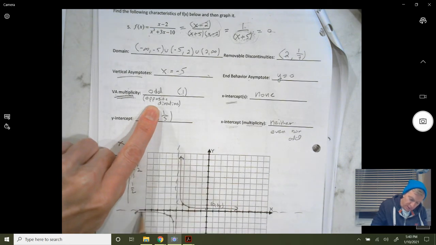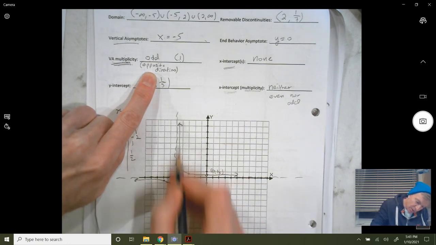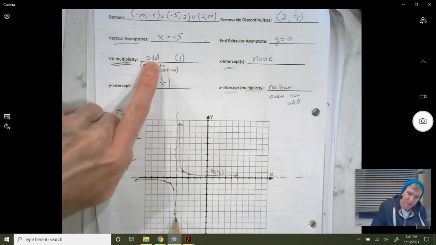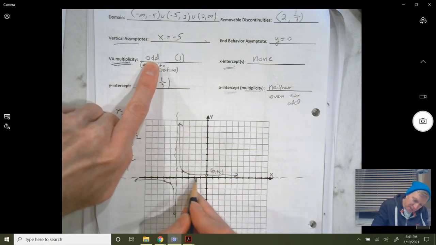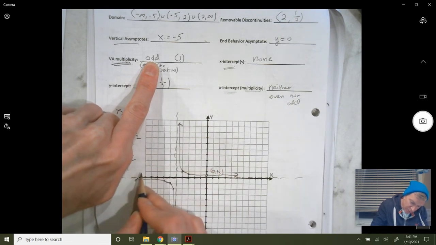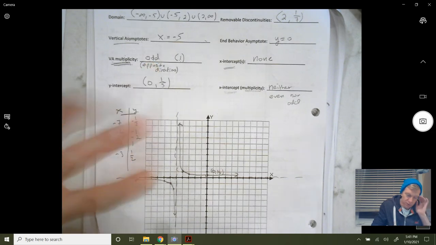If we're approaching that asymptote from the left, our graph is going off to -infinity. Okay, they're going in opposite directions, from the right up, from the left down. If the multiplicity were even, they would be going in the same direction. So from the left, you'd be going up, and from the right, you'd be going up, or they'd both be going down. Okay, if that's confusing, we'll see that in another one.